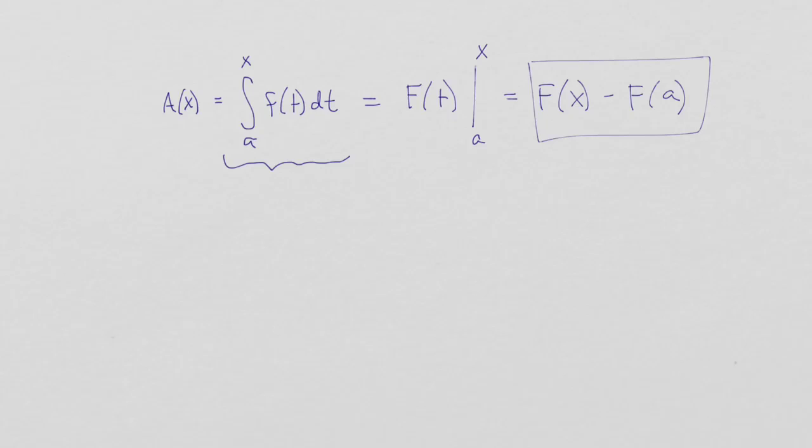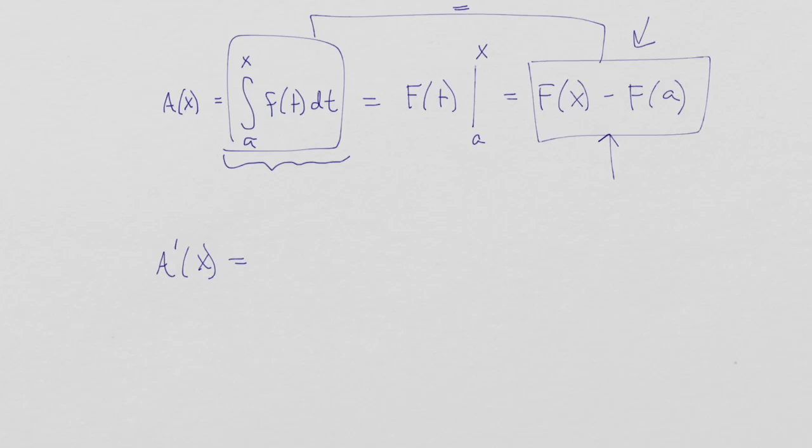These are equal. So the fundamental theorem part 2 is interested in finding the derivative of this function that I've called A. So if I want to differentiate this function, the derivative of big F of x minus big F of a would be f of x minus f of a.